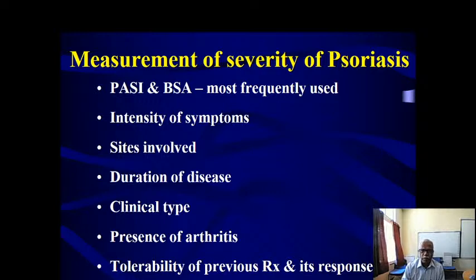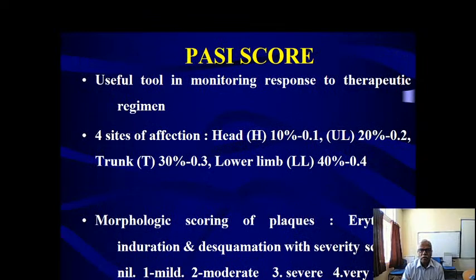So depending upon the intensity of symptoms, sites involved, duration of the disease, clinical type and presence of arthritis, tolerability of the previous treatment like methotrexate and its response, and the impact of the disease on daily life. So these are all parameters we check for, and this is the psoriasis area severity index, and it helps in the monitoring of the response to the treatment.